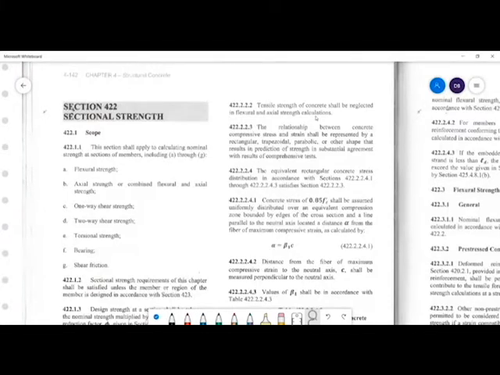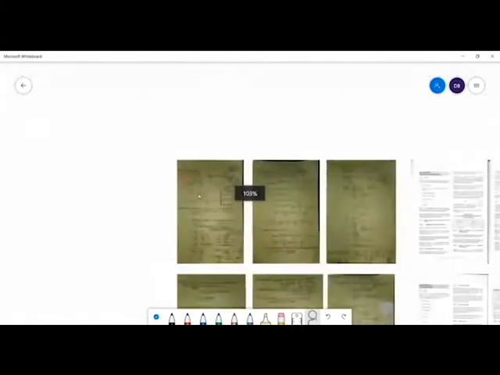The relationship between concrete compressive stress and strain shall be represented by a rectangular, trapezoidal, parabolic, or other shape that results in prediction of strength in substantial agreement with results of comprehensive tests.